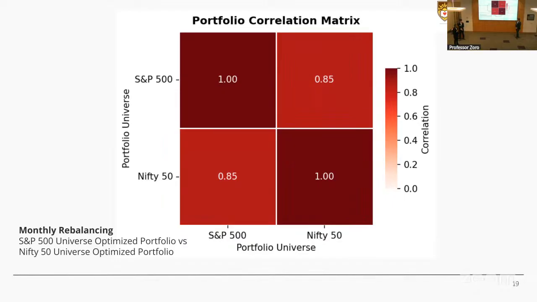So in the next step, we increased our rebalancing frequency, instead of rebalancing the portfolio once a year. We tried it once a month, and it increased our correlation index from 0.73 to 0.85. And this shows that the more frequently you realign your portfolio, the more similar returns you're going to get.